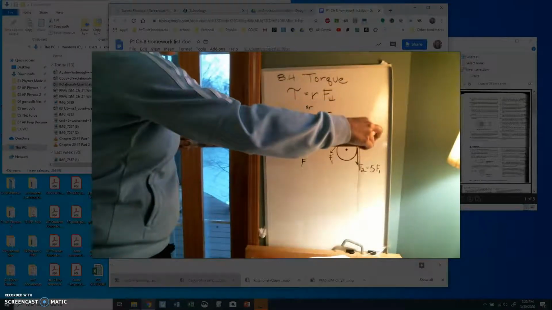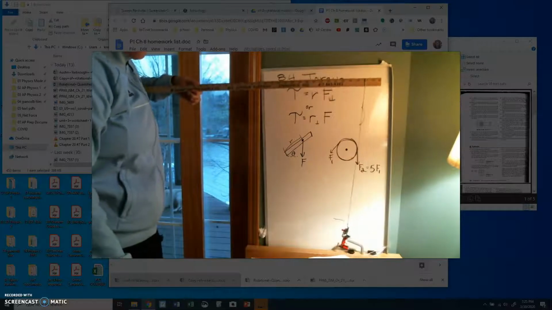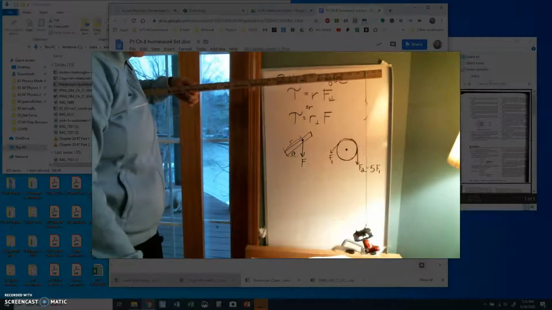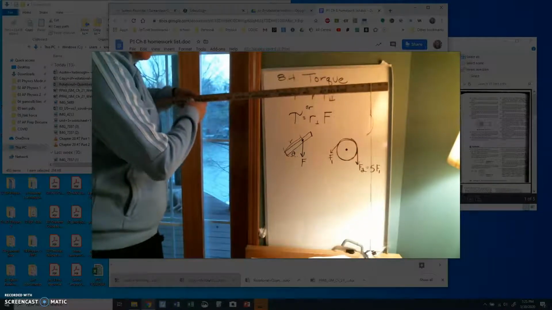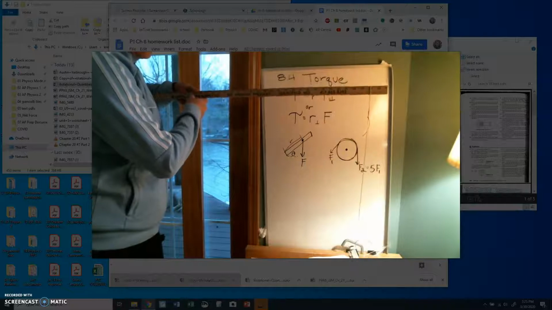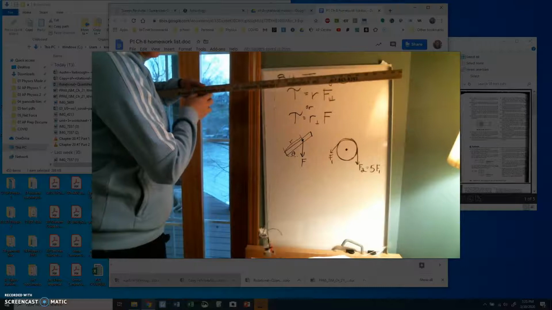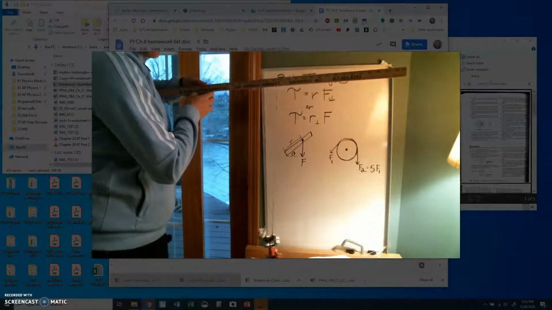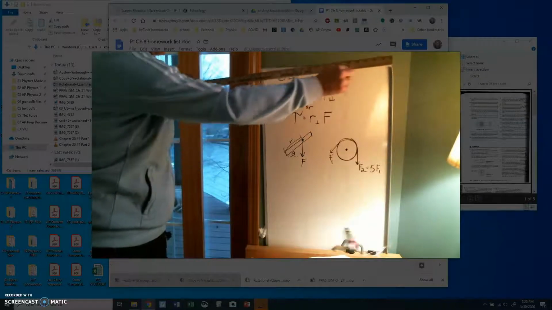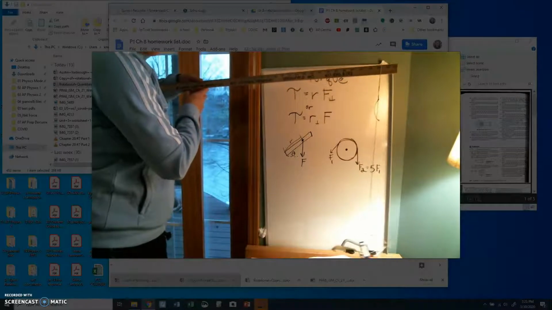If I have this force hanging from this ruler, the amount of rotation I need to keep it level is greater than if I put it here. It's a lot easier to keep that level. It's a little bit of center of mass. So if I move the mass out, much harder to keep up. You can also use that in levers for mechanical advantage and such.